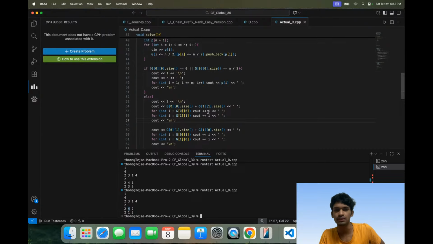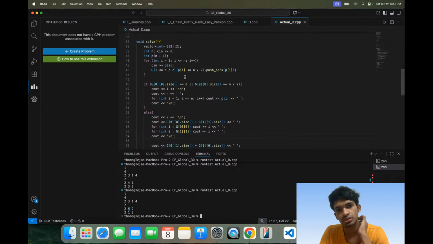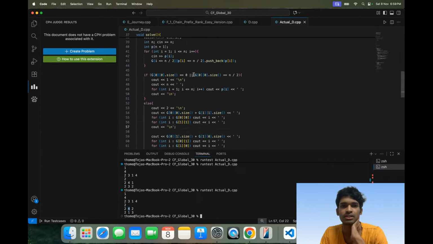How can that be? How can g of 0, 0 be 4? Because it doesn't satisfy any of that.